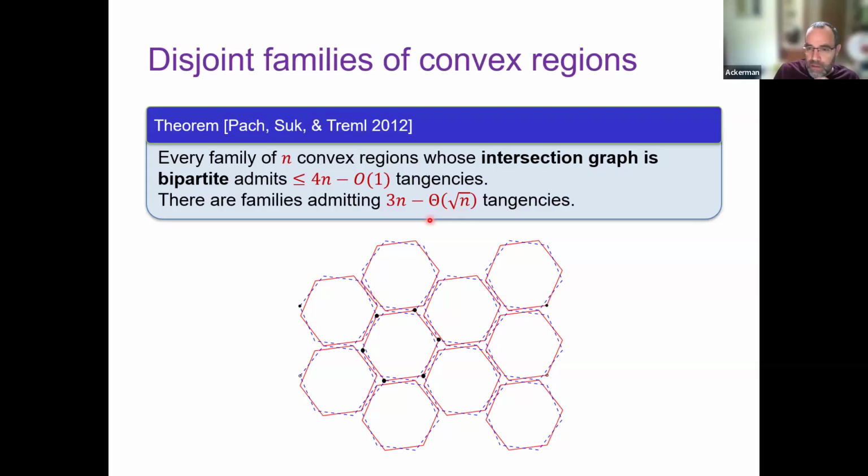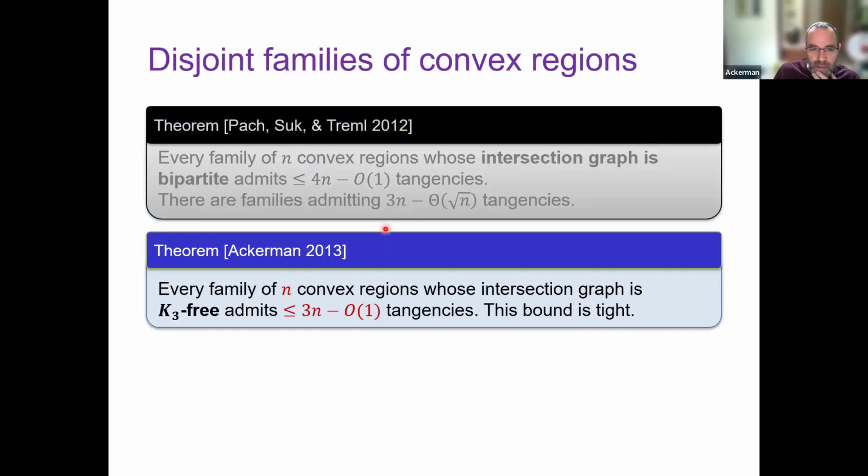So there is a small gap between the lower bound and the upper bound, and I managed to squeeze in this gap and find the exact, or almost exact up to some constant, bound, which is 3n minus some constant. So improving both the upper bound and the lower bound.